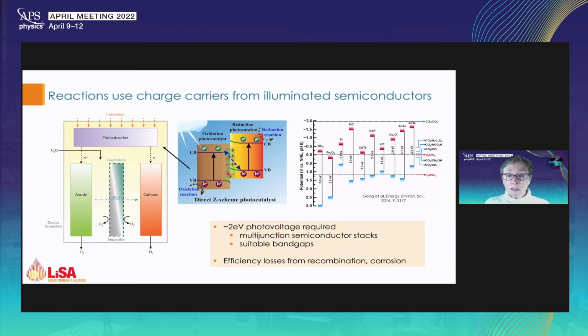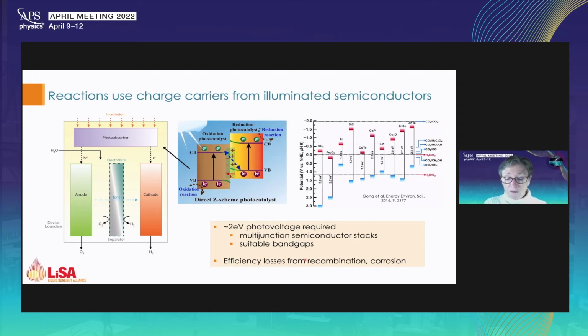So this means immediately that you're never going to be dealing with a single material. You're going to have to be dealing with multi-junction semiconductor stacks, which have to be designed so that all of the band gaps and the energy level alignments are what you want them to be. So this is one big tall order, and right now the only stacks that we have that are really worth it are the III-Vs, so the gallium arsenide family.